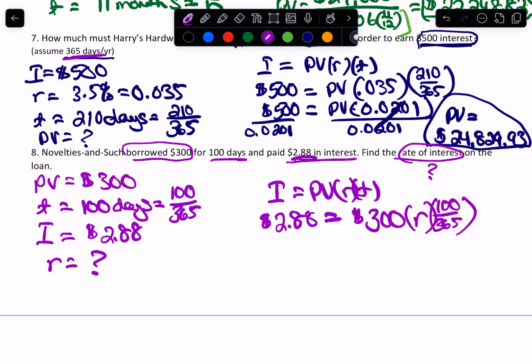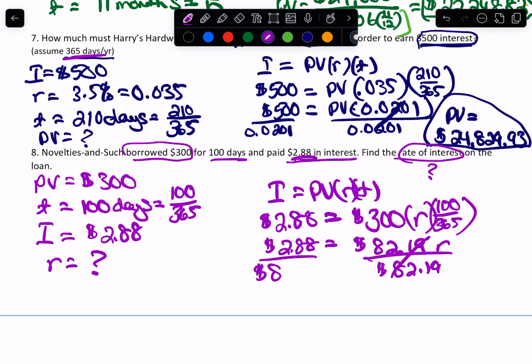So we can do that calculation on the right here: 300 times 100 divided by 365, and we get 82.19, and that is our R. Now we divide by that 82.19 to cancel from both sides, and then R ends up being 0.035.